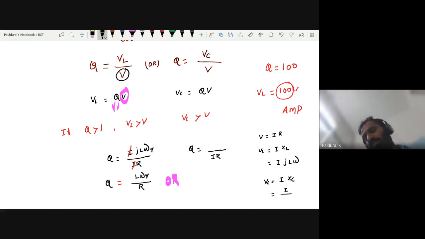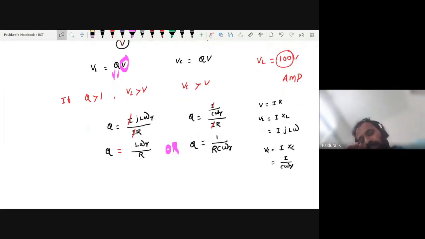So this is I divided by C omega_R, over I times R. Now the I will cancel, and you will end up with 1 divided by C omega_R R, at the resonant frequency. This is another formula for quality factor.